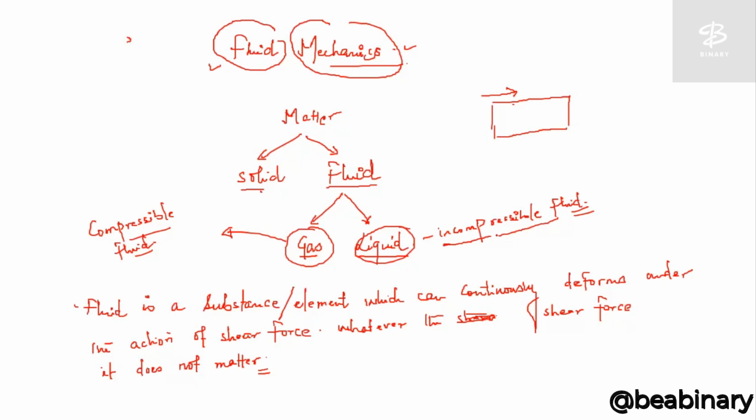The analysis of gases and liquids is different. When we study gases, it comes under gas dynamics. When we study liquids, it comes under fluid mechanics. So further, when we talk about fluid, it means we are studying liquid, not gases. In fluid mechanics, when we talk about fluid, we are dealing with incompressible fluid, not compressible fluid.